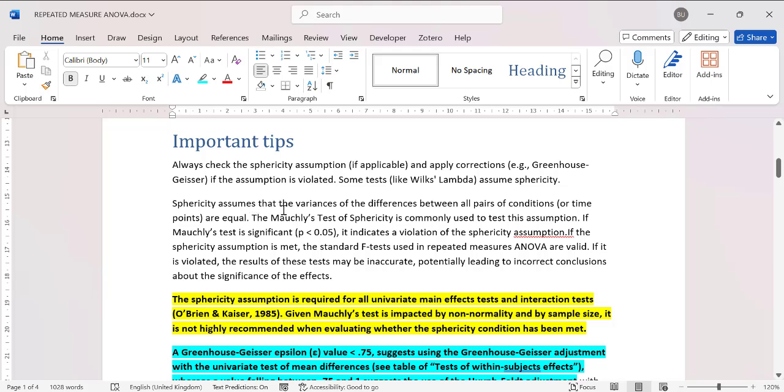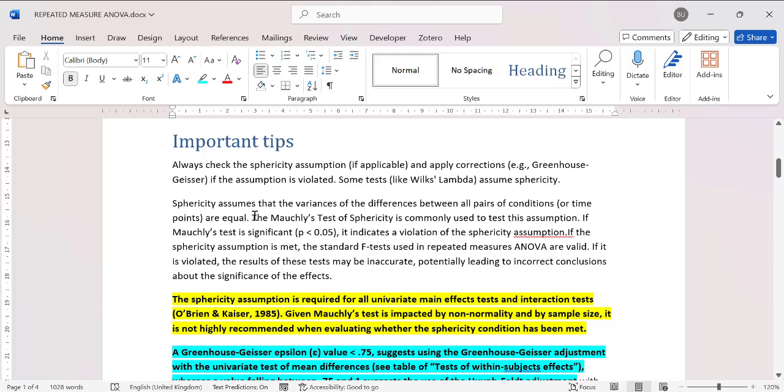Sphericity means we are assuming that the variances of the differences between all the pairs at the different time points are equal. That is one of the assumptions of repeated measure ANOVA.